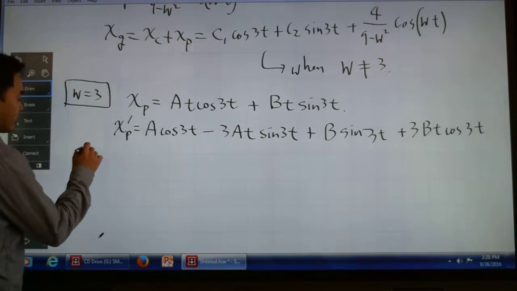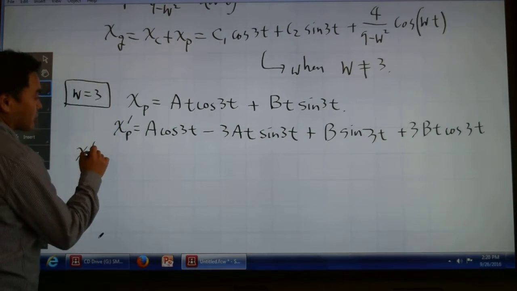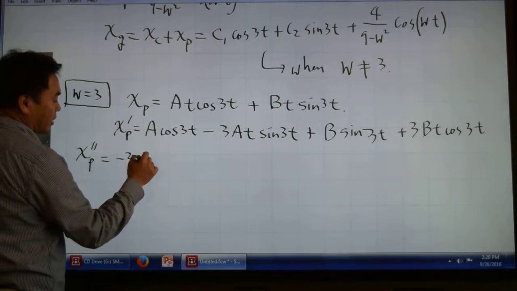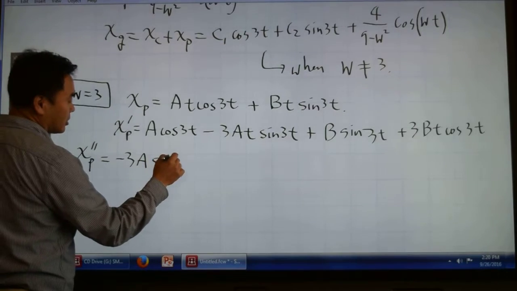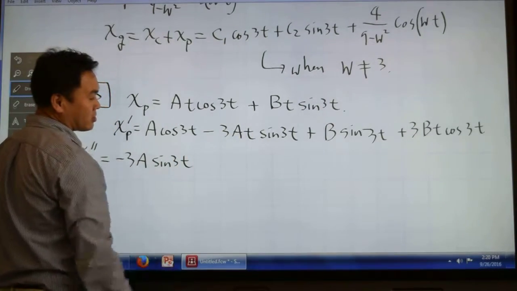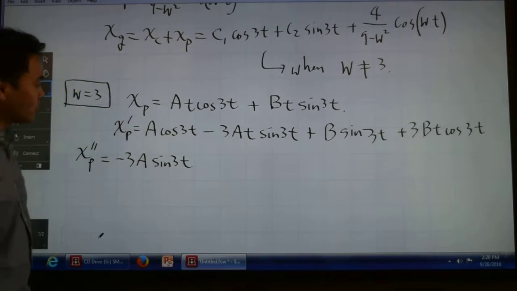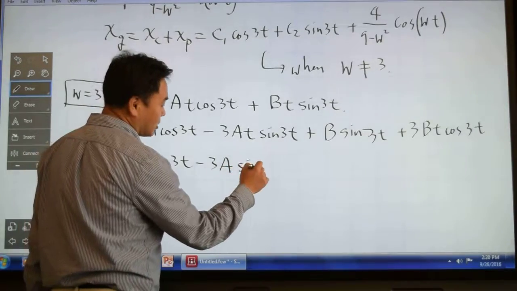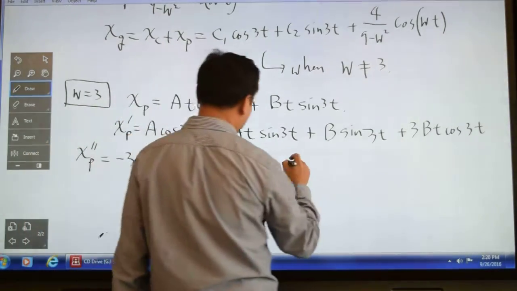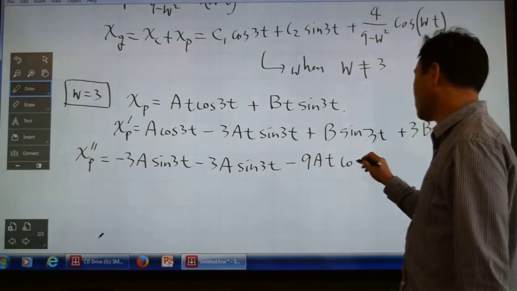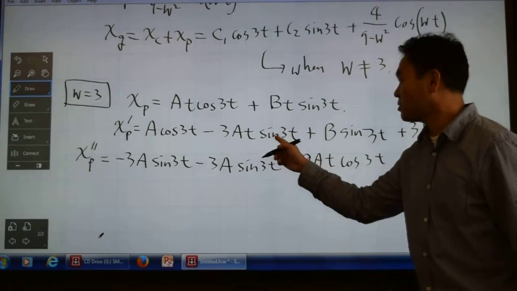And then differentiating this yet again, xp double prime gives you the derivative of this, which is negative 3a sine 3t. And then this one I need the product rule again, negative 3a sine 3t. And then minus 9at cosine 3t, just from this one.